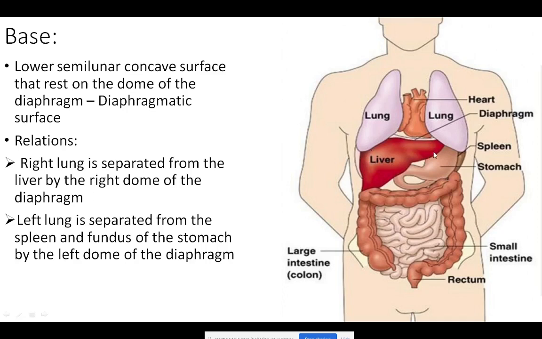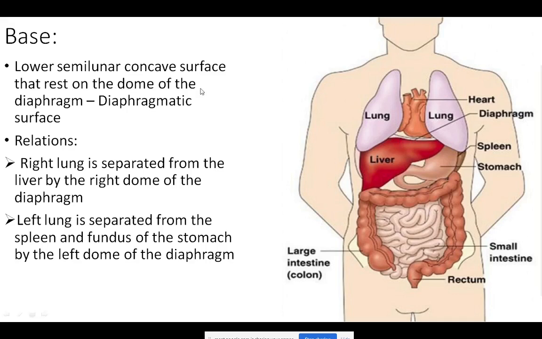Between the thorax and the abdomen, we have the diaphragm on which the lung is resting, okay? This is the lower surface, or the base of the lung. It is also known as the diaphragmatic surface of the lung, okay?